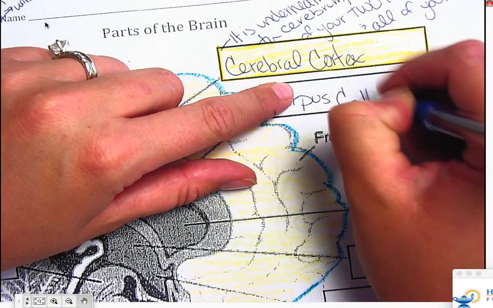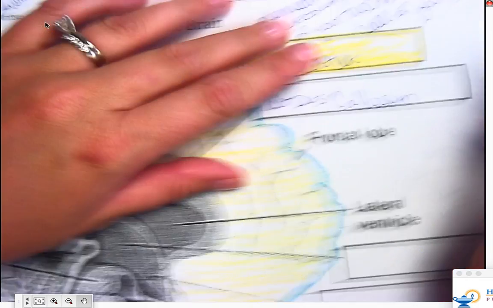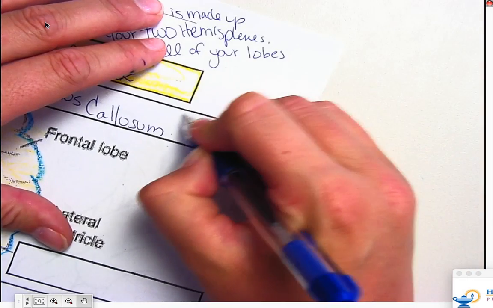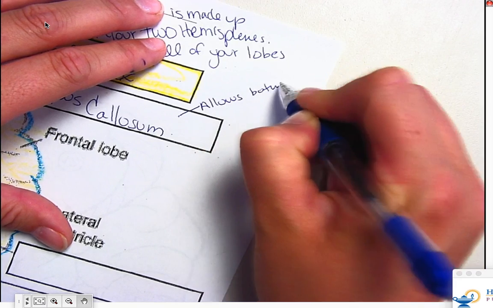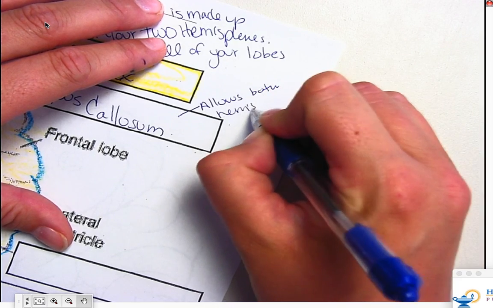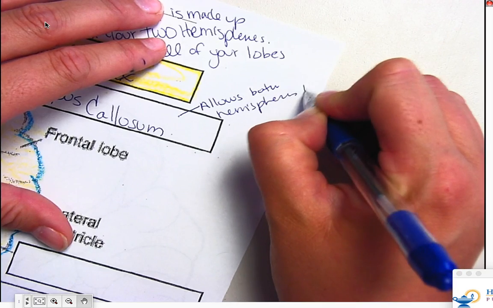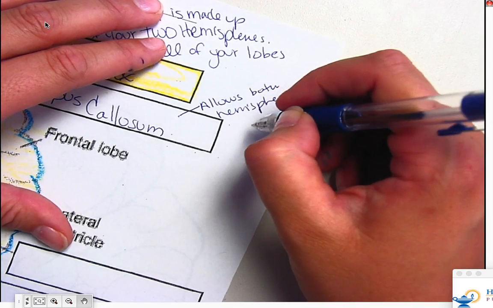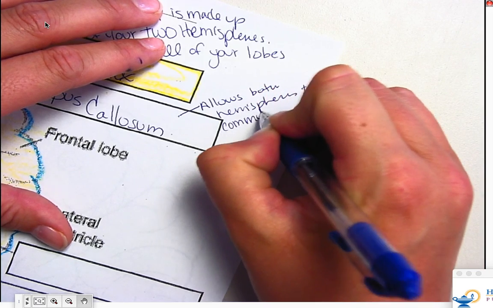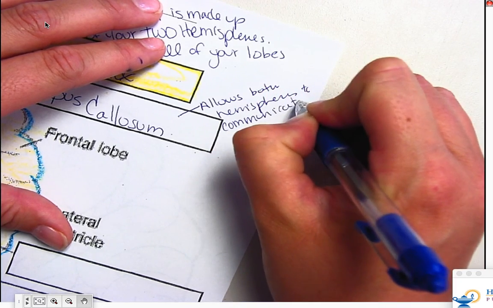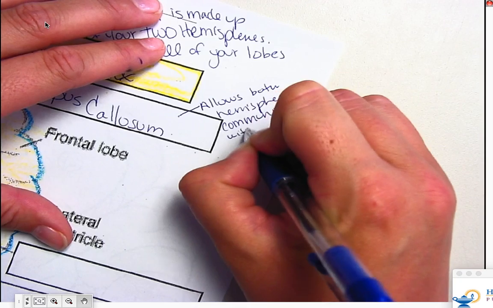Now your corpus callosum allows both hemispheres to communicate with one another.